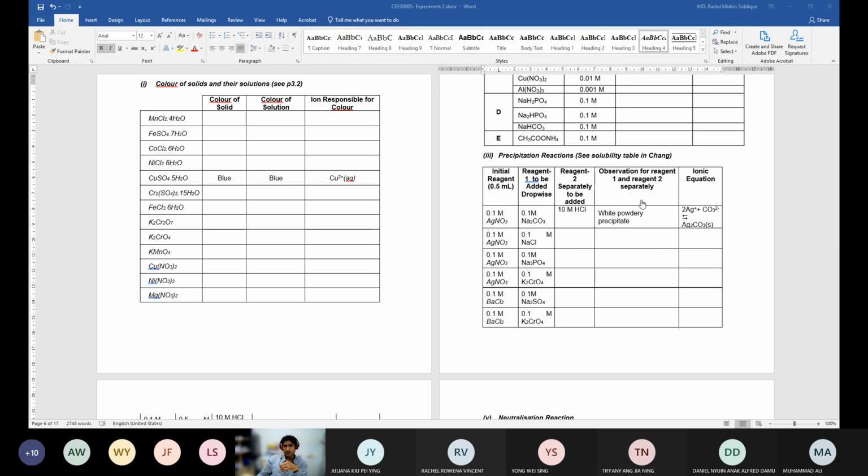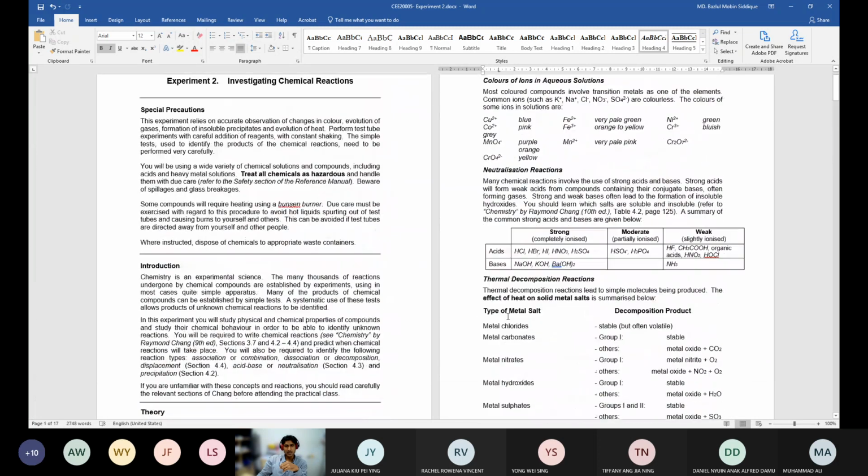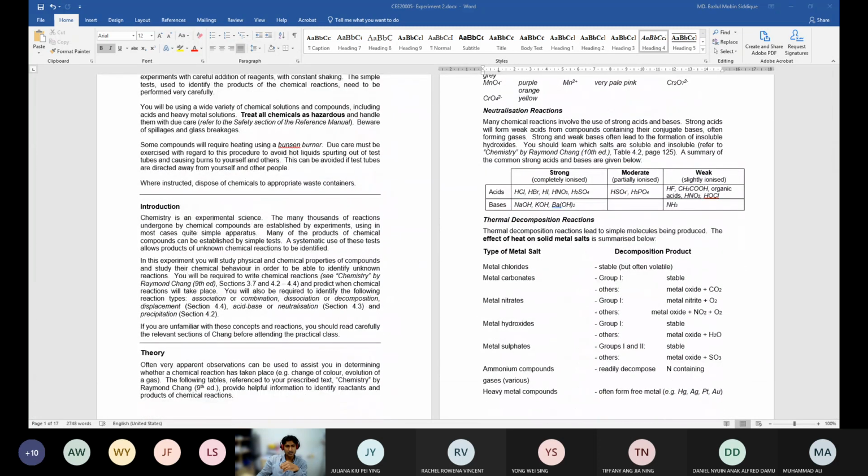Student: Sir, can I do the theory for it? What do you mean by can you do theory? I don't understand. Student: So we don't need to include the theory and the procedure for the experiment? No, I said no need for this experiment. You don't need to do the methodology as well.